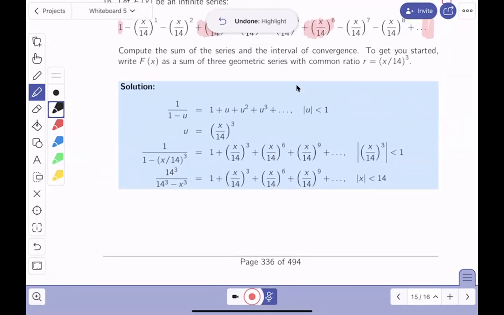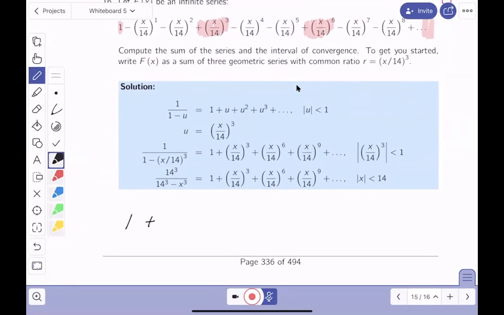It's going to be 1 plus (x over 14) cubed plus, I'm writing the red ones down, ((x over 14) cubed) squared.